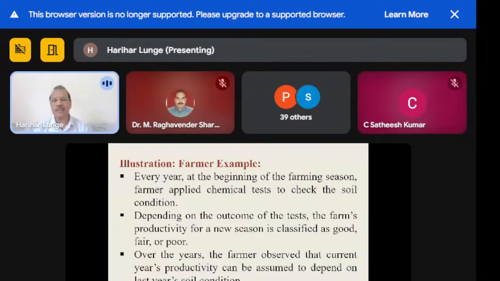And depending on the outcome of the chemical test, the farm's productivity for the new session is classified. So the productivity of the farm is classified in three states: good, fair, or poor. And this productivity depends on the outcome of the chemical test to check the soil condition.